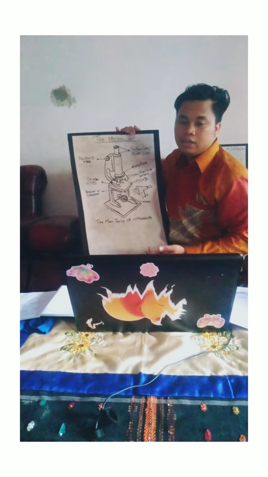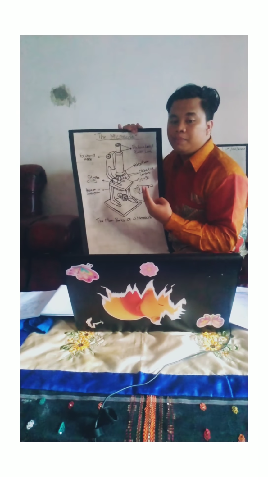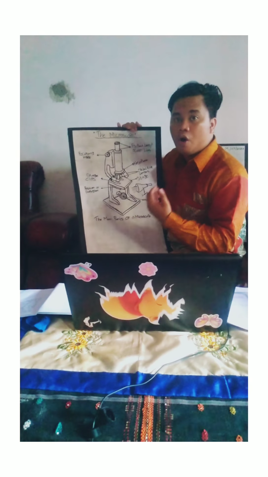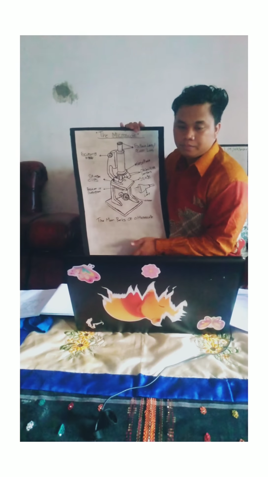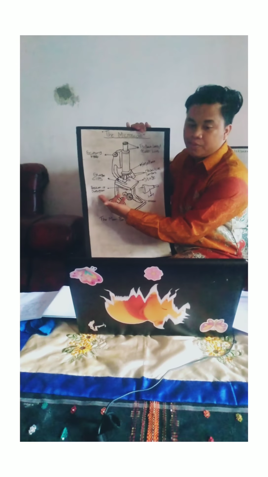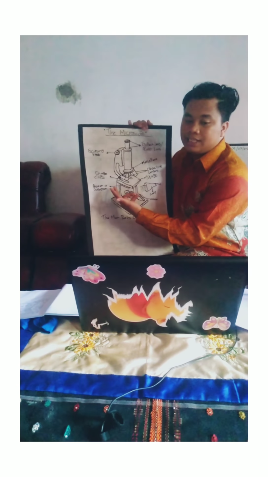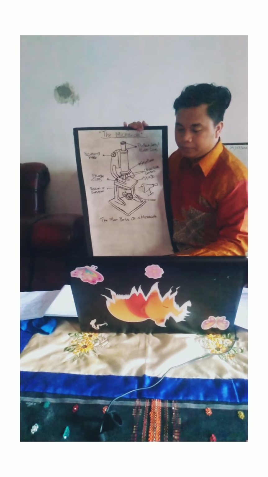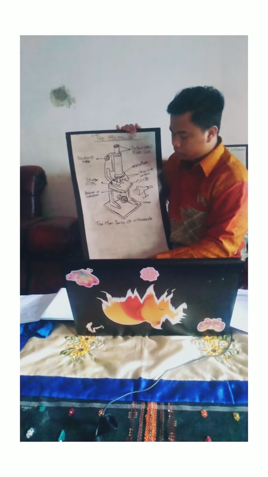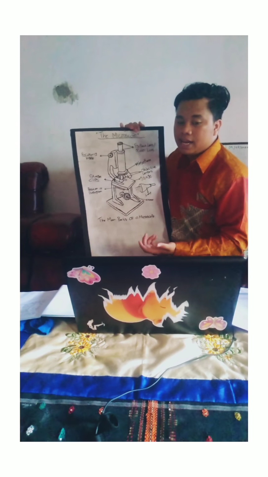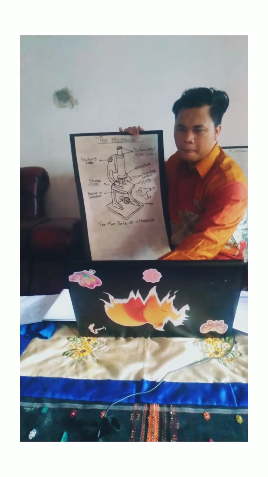Stage clips. These two clips hold the slide or specimen in place on the stage. Diaphragm. It controls the amount of light on the slide or specimen. Mirror. It reflects light to the lens of the microscope.